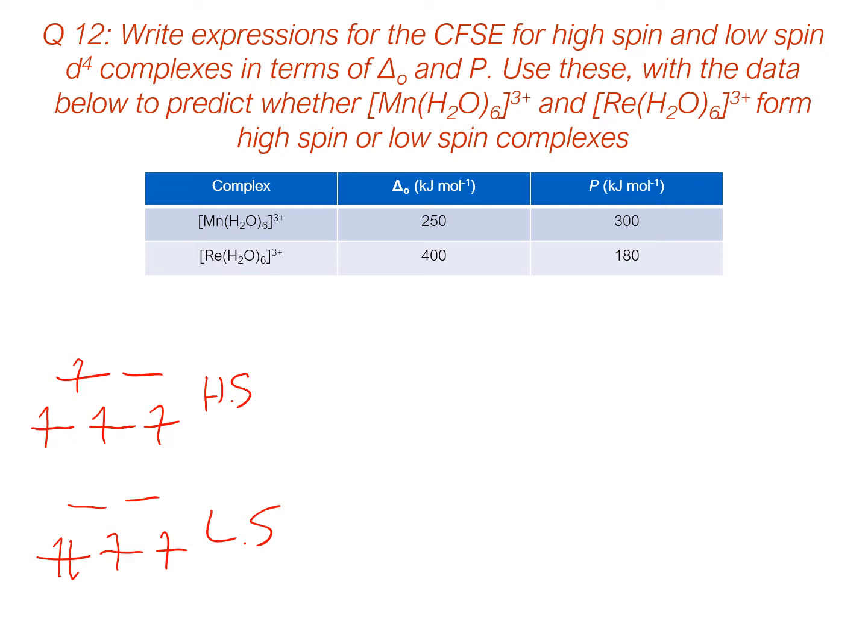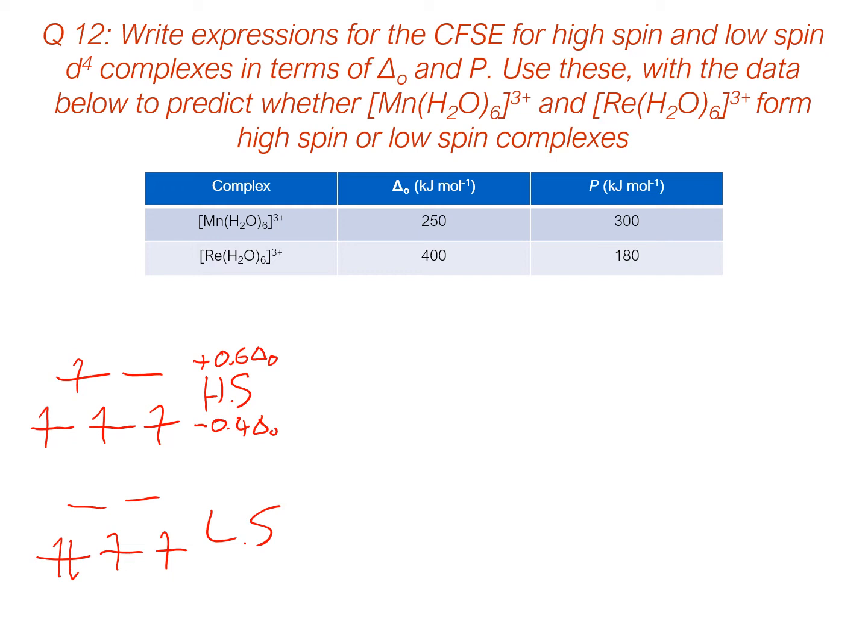Now if you remember, each electron in a t2g orbital stabilizes the complex by minus 0.4 delta O, and each electron in the eg orbitals destabilizes it by plus 0.6 delta O.